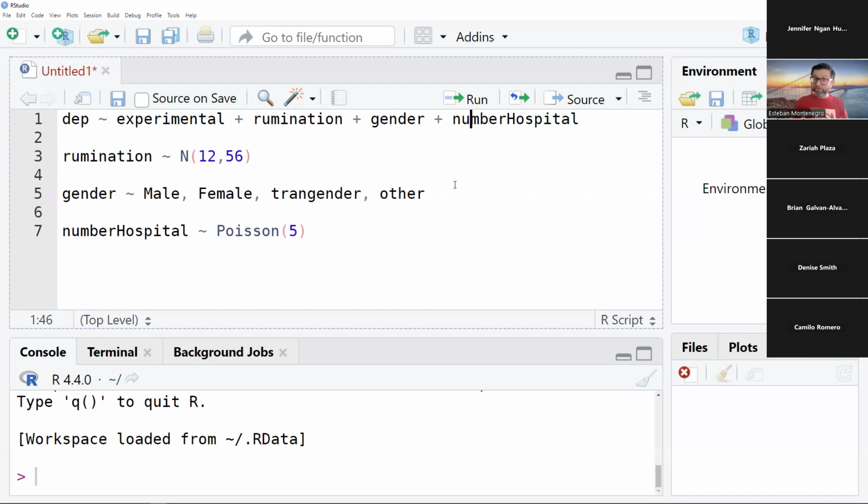Of course, there are some rules that you have to follow, but the distribution of these predictors doesn't matter, at least not for regression, right? And you will see this from other faculties everywhere, actually, not only in this university. You will see this in many places in the field of psychology, right?